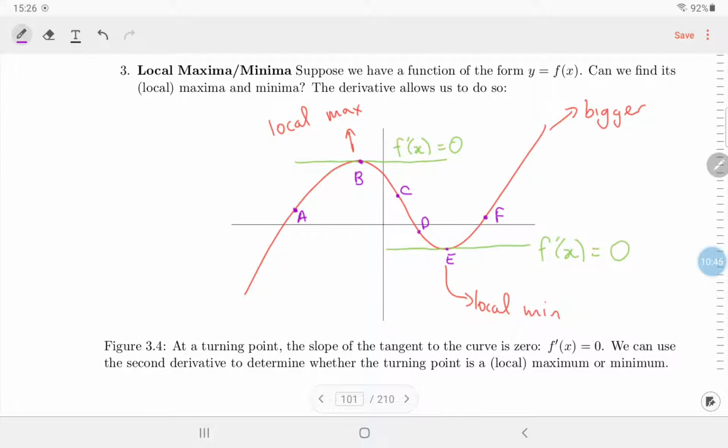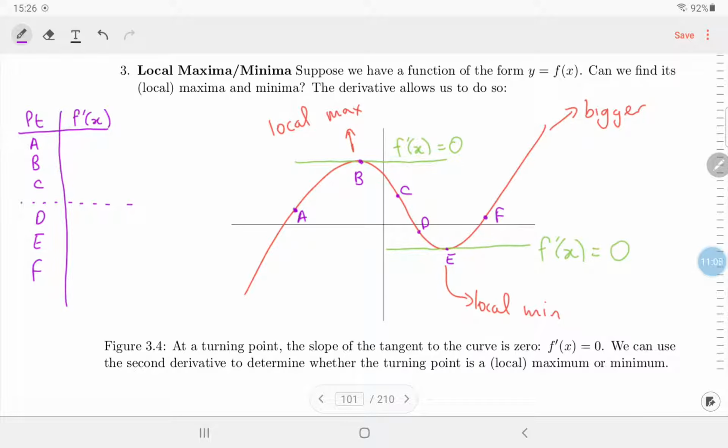Now, what I'm going to do is say, okay, at these points, what is the sign of the derivative? And what I mean by the sign is, is it positive or negative or 0?